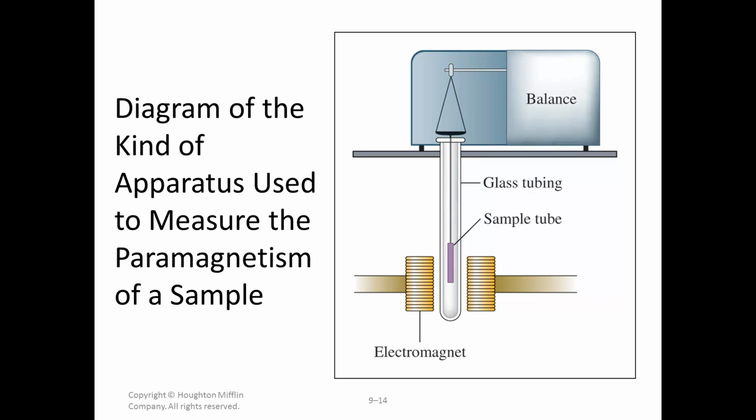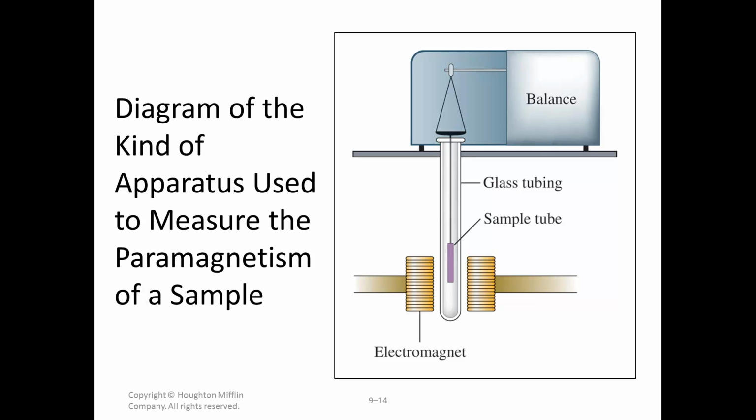Now there's this idea of paramagnetic versus diamagnetic, where a paramagnetic molecule is attracted to an induced magnetic field because it has unpaired electrons, and a diamagnetic molecule is repelled by an induced magnetic field because it has no unpaired electrons.